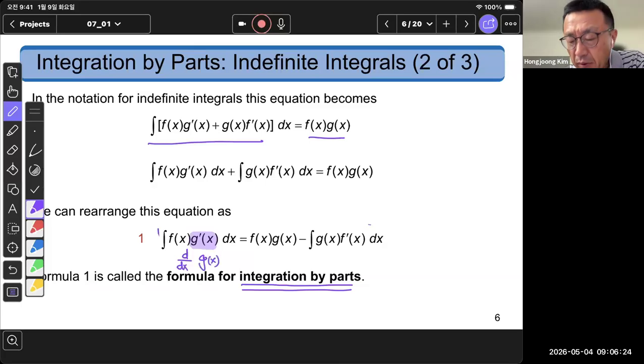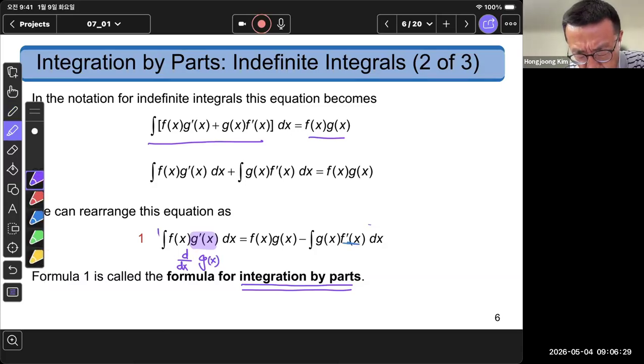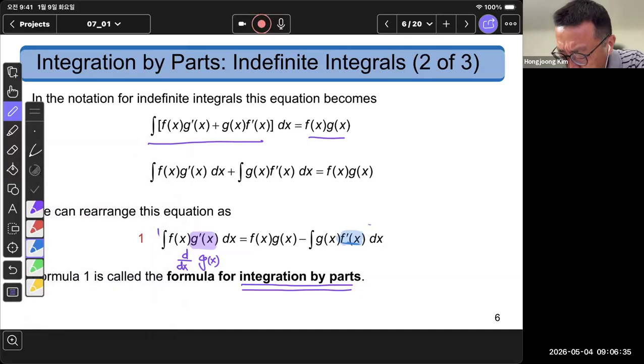On the right-hand side, what I have is f'(x), which means we have the derivative of f. So on the left-hand side, the differentiation is applied to g(x), and on the right-hand side, the differentiation is applied to the other one, f.